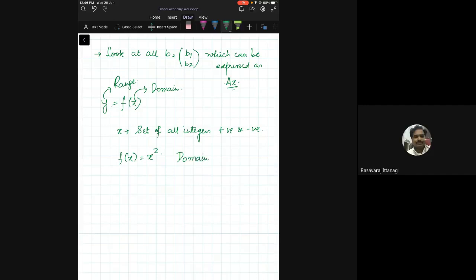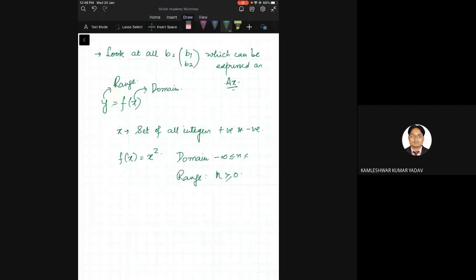The range is all values positive, the set of all n which are greater than or equal to 0. The domain is both negative and positive, minus infinity less than or equal to n less than or equal to infinity, and n is an integer. Is this right?